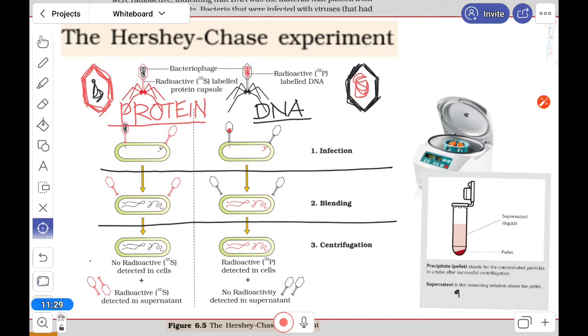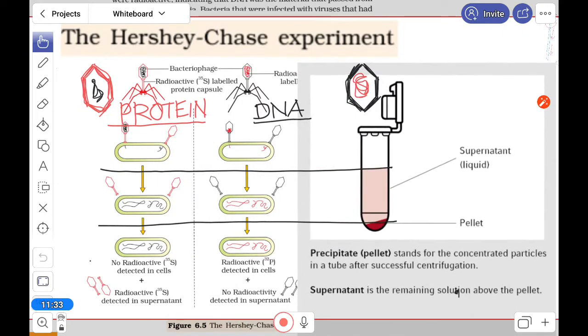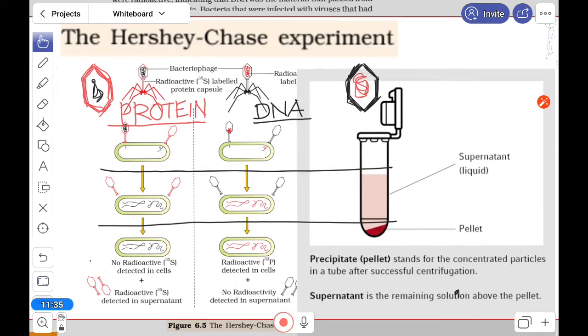You can see this part: we get two clear parts, the supernatant, that liquid part, and the pellet, that precipitate part. In the supernatant we are getting the radioactive sulfur.